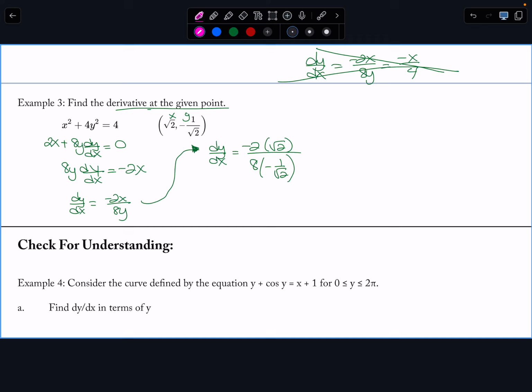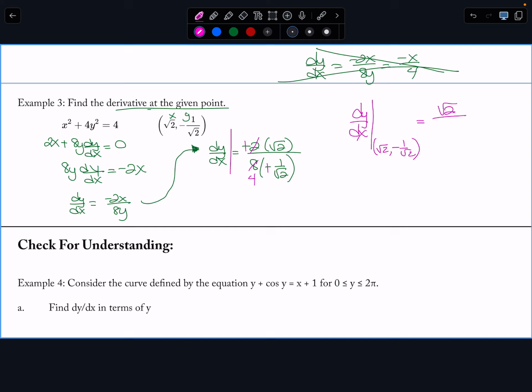Okay, so here I would have been able to reduce and get 4, and my two negatives turn into a positive. And the notation is dy dx at root 2 comma negative 1 over root 2. So that coordinate point is in the subscript. And I would have had root 2 over 4 over root 2.